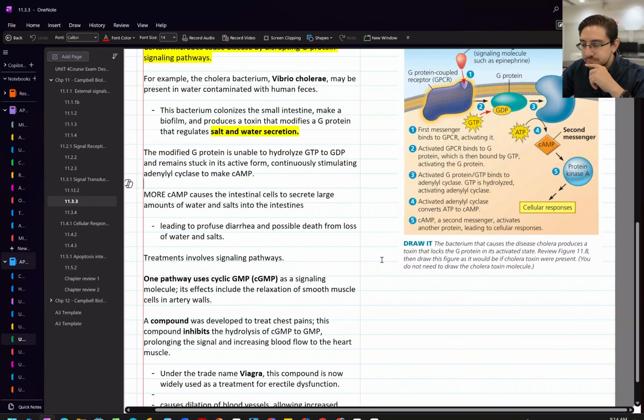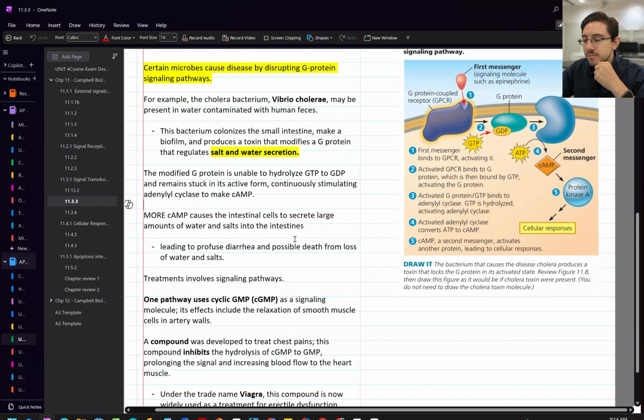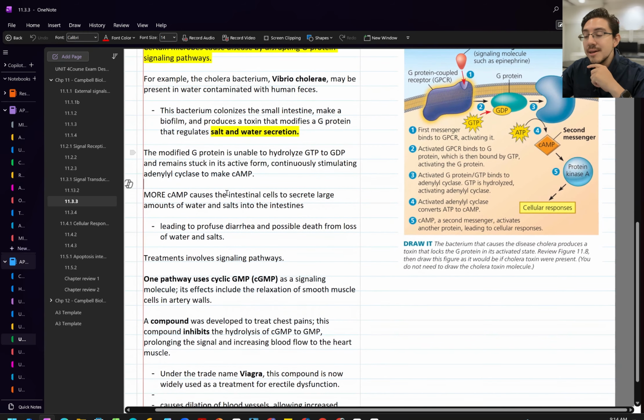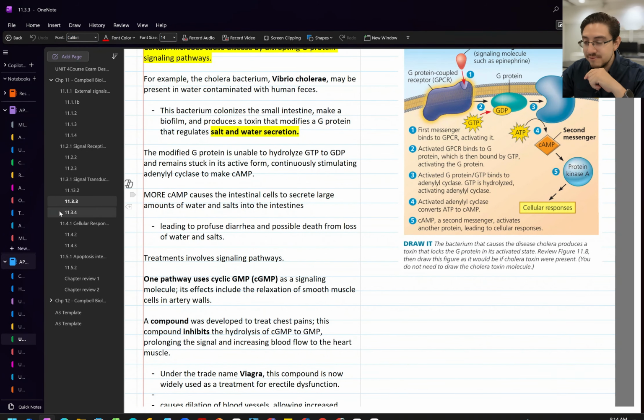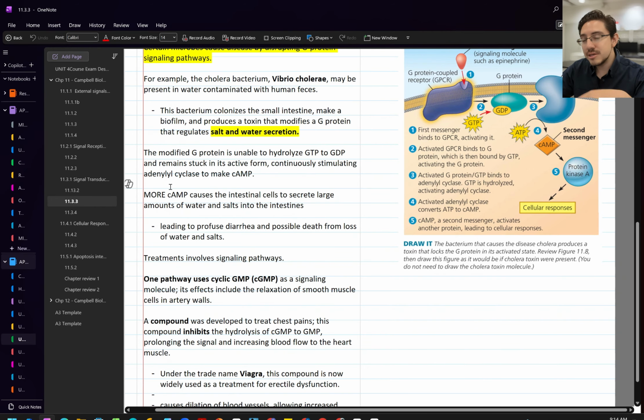Okay. More specifically, just to finish off the notes regarding this bacterium, the modified G protein is unable to hydrolyze GTP to GDP and remains stuck in the active form. So it's continuously creating cyclic AMP.